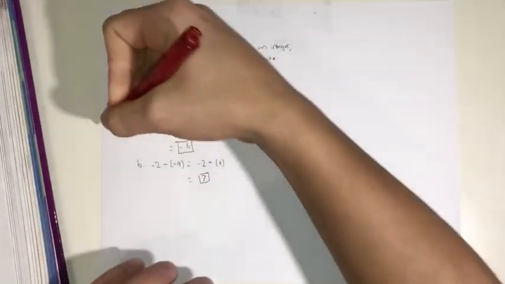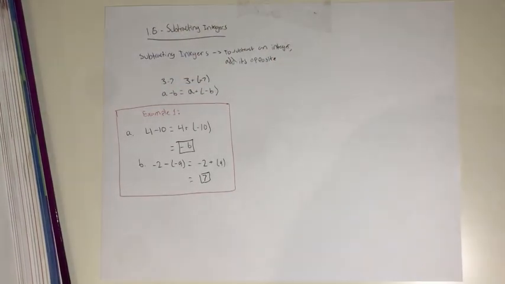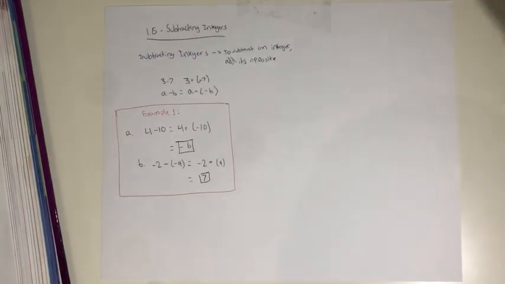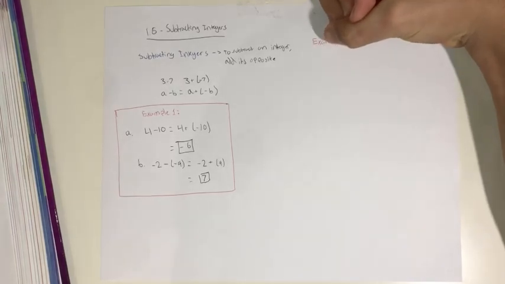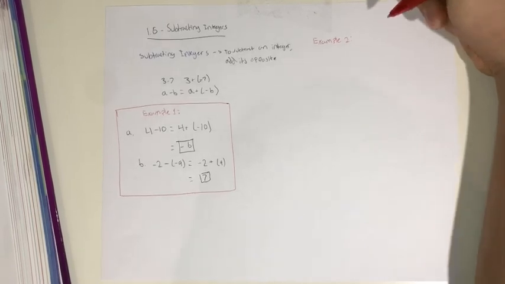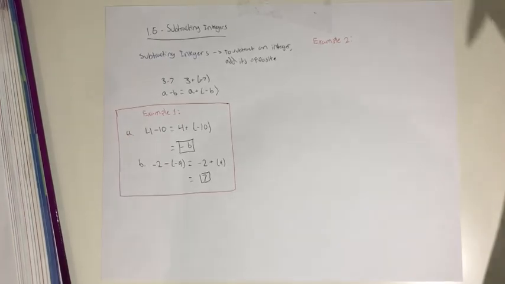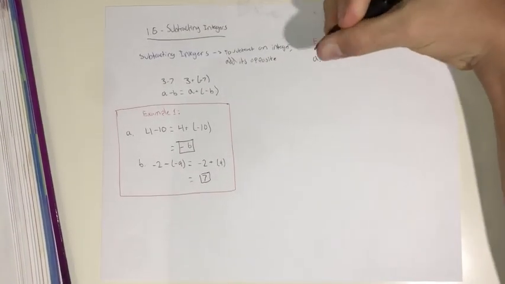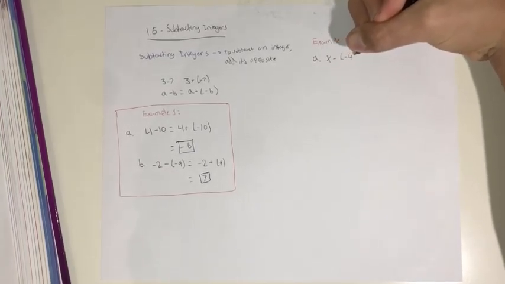That's all of example 1. And now example 2 is about evaluating variable expressions when you're subtracting integers. So let's say this is A. You have x minus negative 40.